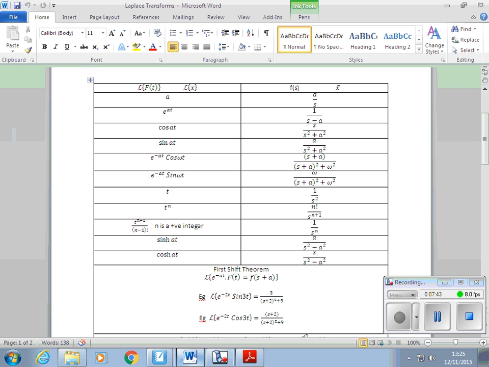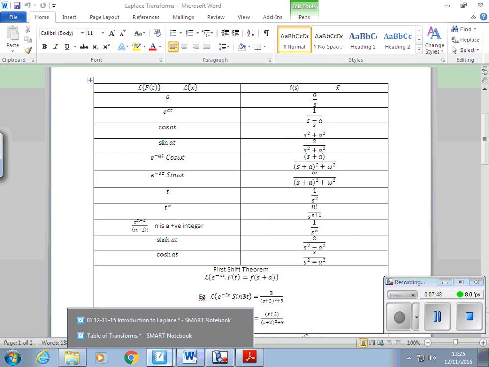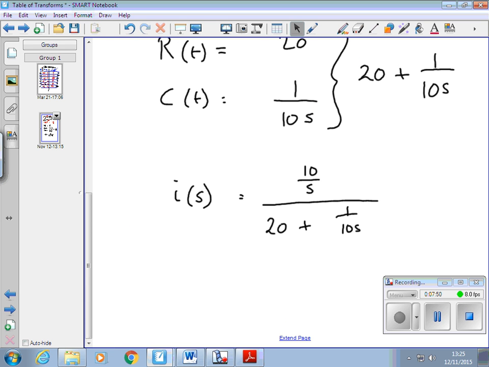So the first thing to do, when you've got a situation with 10 over S or 1 over 10S, as we've got here, is to try and get, if possible, the S on its own, particularly underneath. And so we start using little algebraic tricks. First of all, I don't like this S being underneath on the top here.